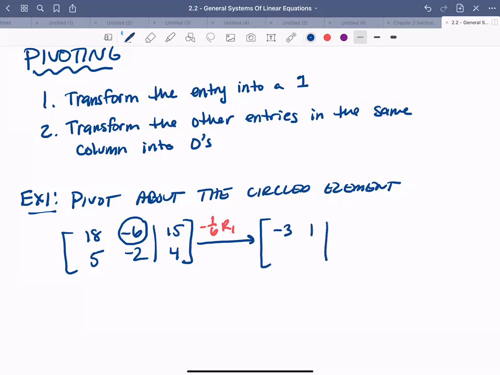And then 15 times -1/6 becomes -15/6, and 3 goes into both 15 and 6, so we simplify it to -5/2. And we still have 5, -2, and 4 down here.